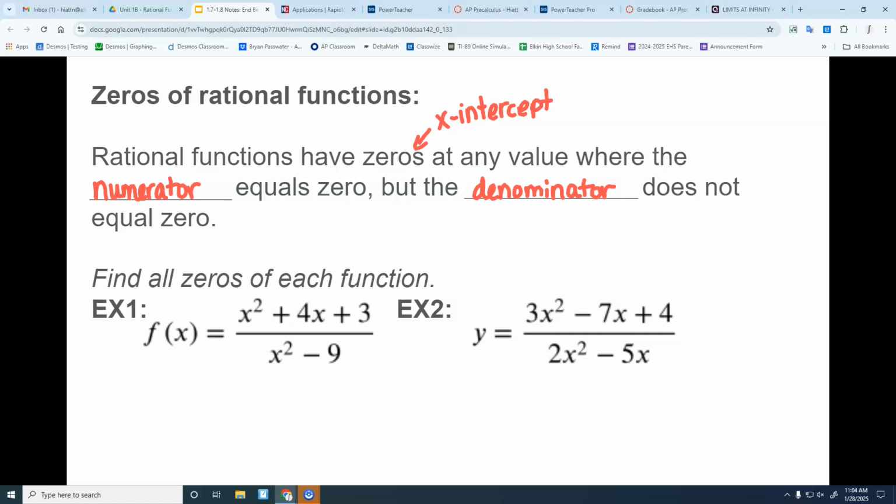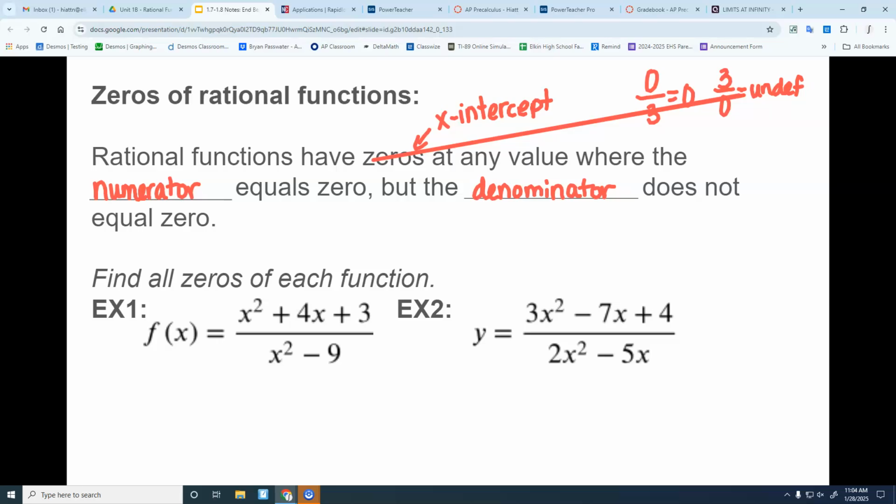The reason for that is if I have 0 divided by any other number, let's say 3, what is 0 divided by 3? 0. It is 0. But if I have 3 divided by 0, that is undefined.